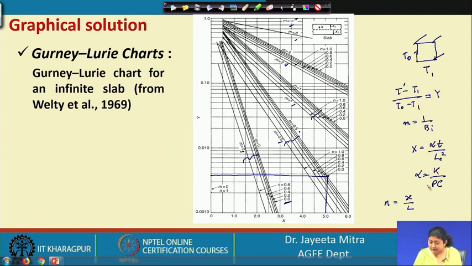Then, putting these values and the characteristic dimension, we can calculate the time required so that the center of this food will attain the temperature T dash, which is required for the process. So, this is how we use the Gurney-Lurie chart for getting the temperature profile at different times and different positions.